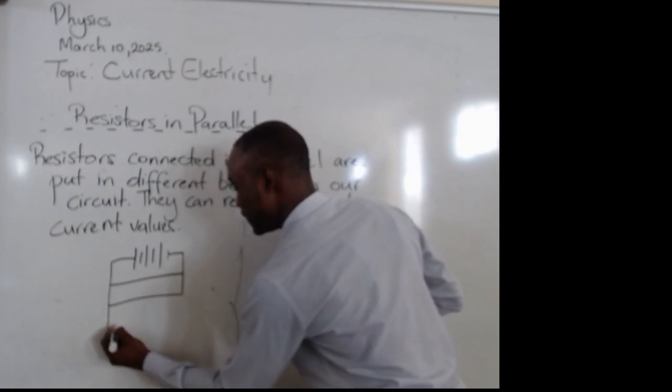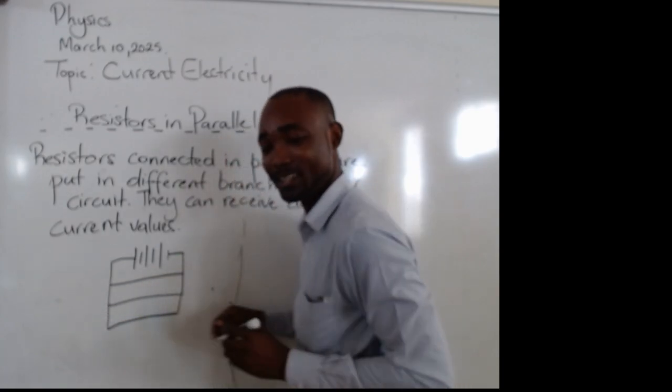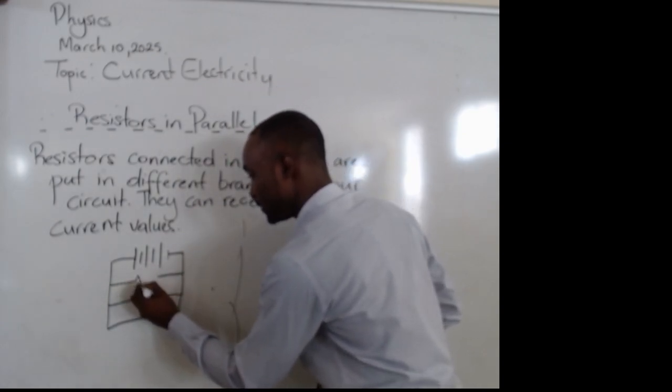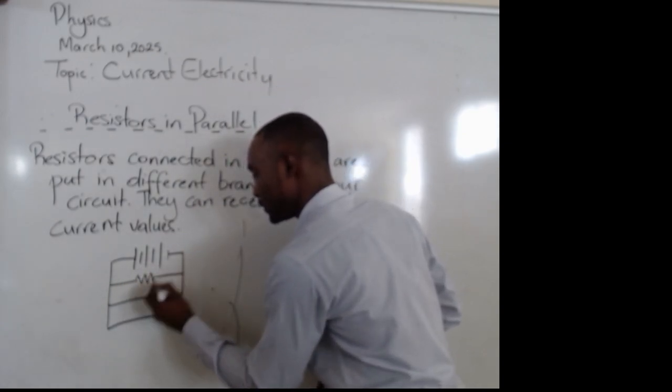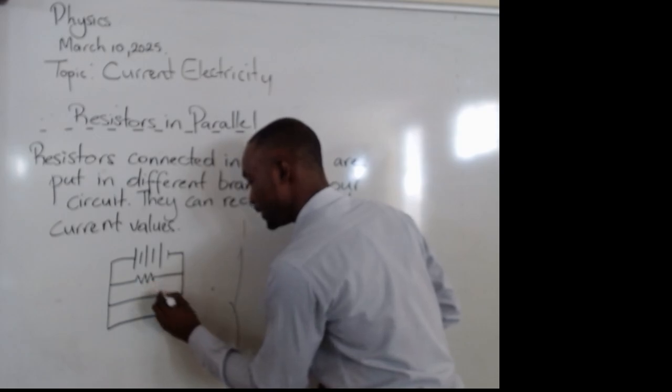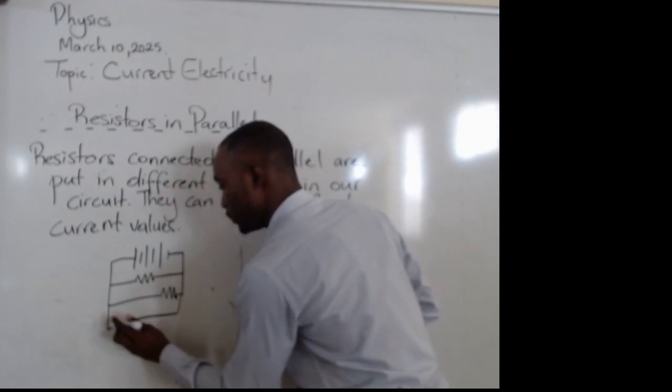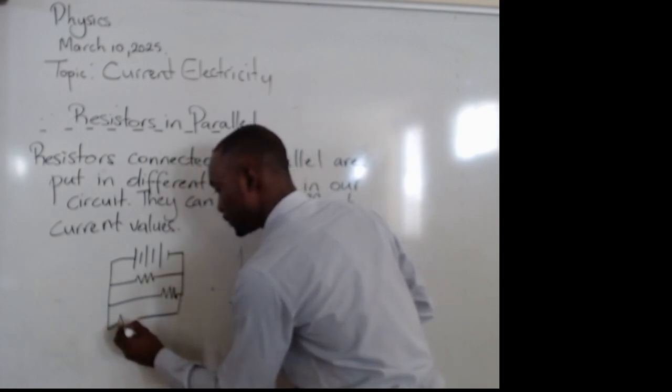All right, this is a bit small. Yes, you can see. Now I'm going to put a resistor right here. I'm going to put another resistor right here. I'm going to put one in this branch down here.